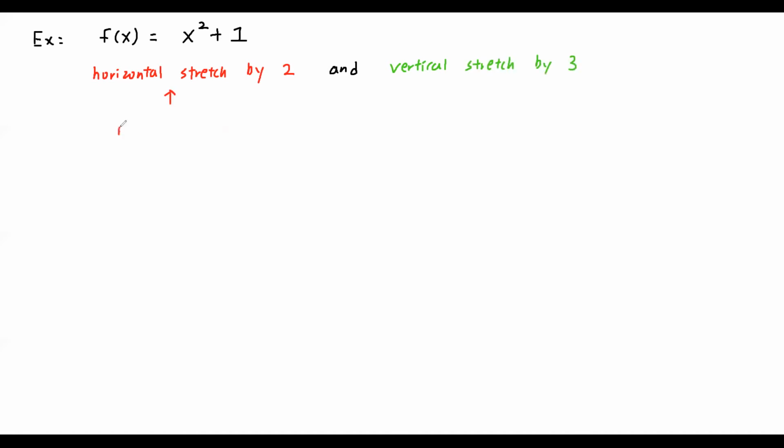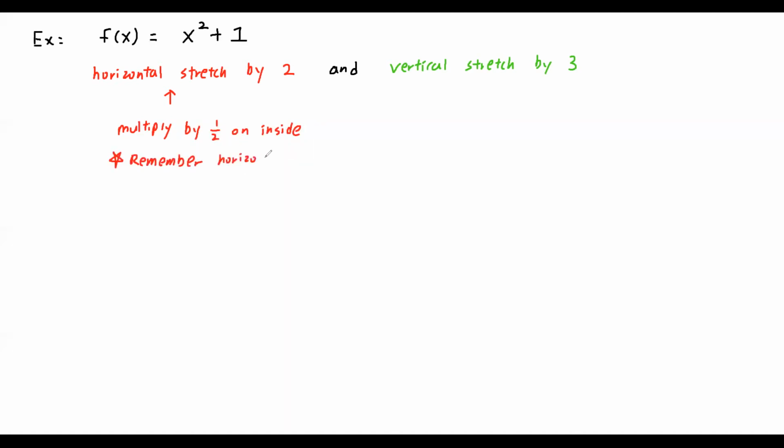So the next example, f of x is equal to x squared plus 1. And can we apply a horizontal stretch by 2 followed by a vertical stretch by 3? Horizontal stretch by 2 is actually multiplying 1/2 on the inside.